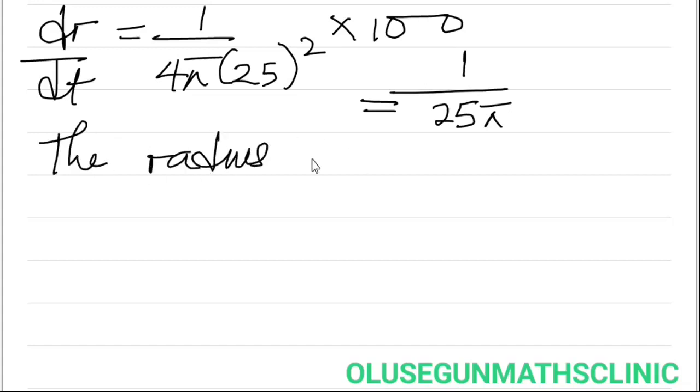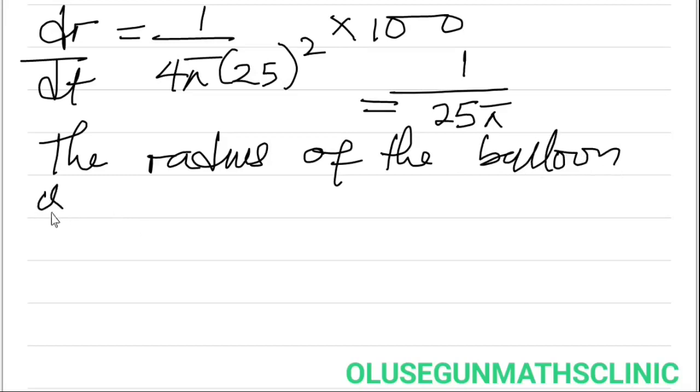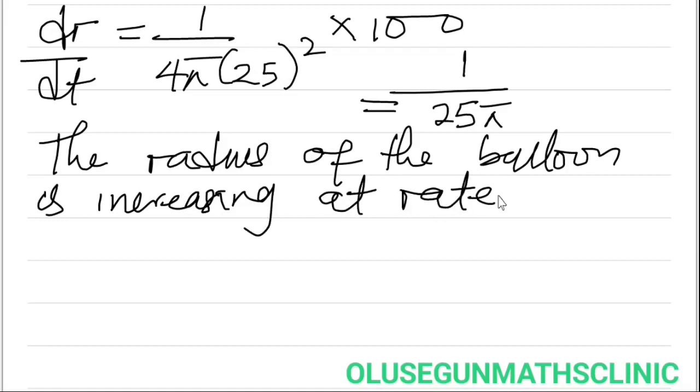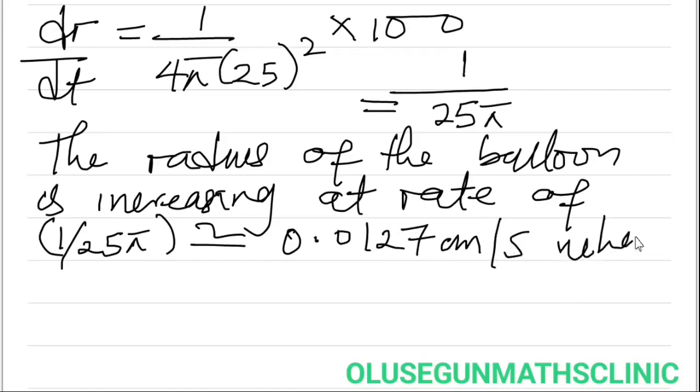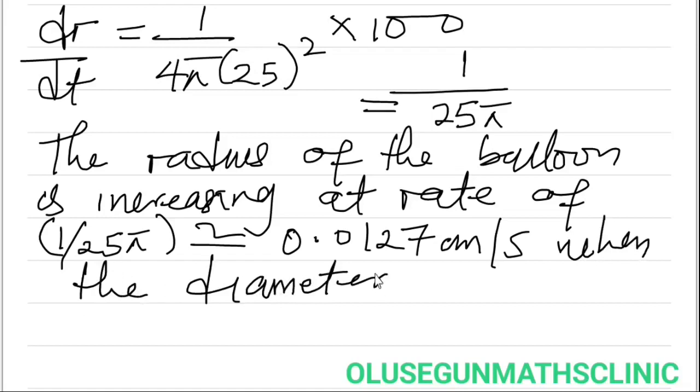So overall, the radius of the balloon is increasing at a rate of 1 over 25π, which is approximately 0.0127 centimeter per second, when the diameter is 50 centimeter.